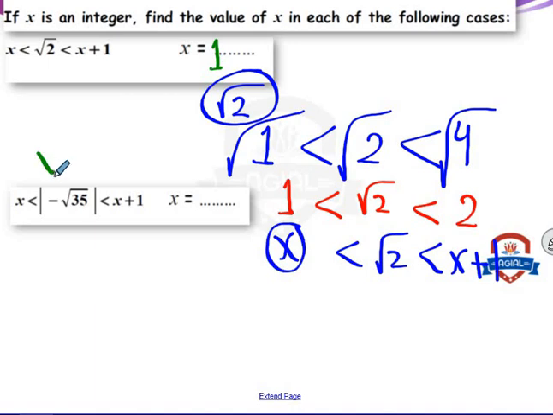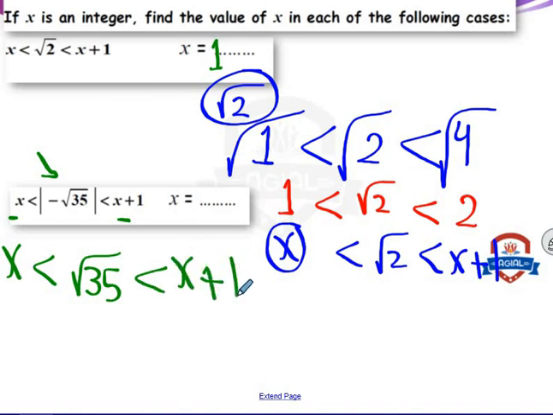We have the absolute value of minus square root 35 between x and x plus 1. The absolute value will be the square root of 35, because the absolute value is positive, in between x and x plus 1. So we find 35 in between two square roots. In between what and what? In between 25 and 36.